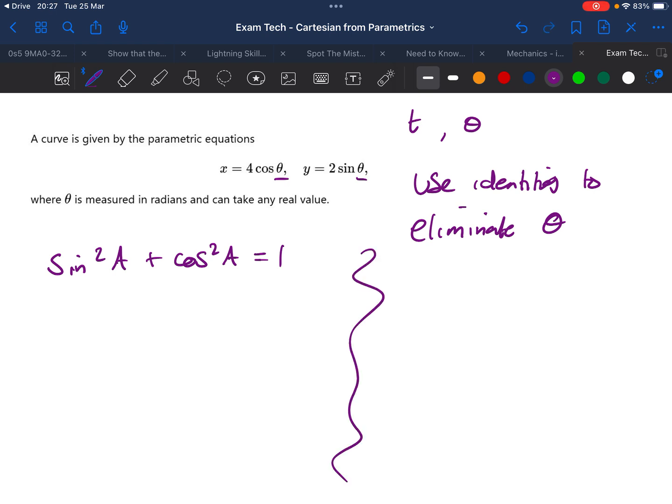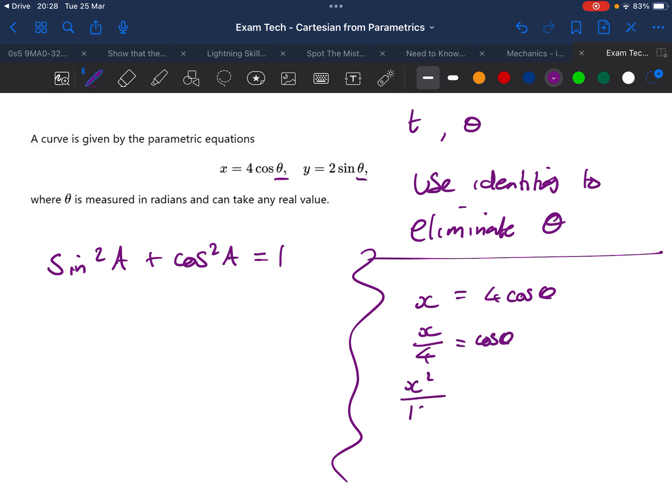So what do I mean? Over here, I'm going to do x equals 4 cos theta. I'm going to do x over 4 equals cos theta. And then x squared over 16 equals cos squared theta. I'm going to get the piece ready.